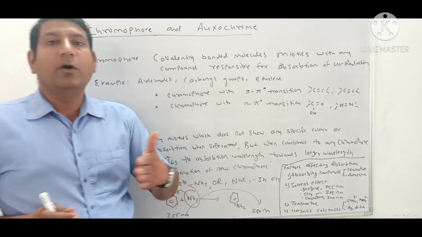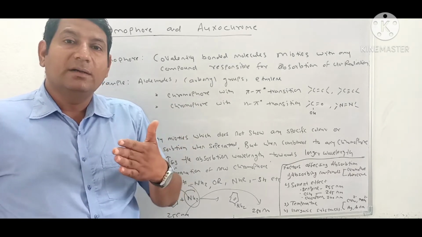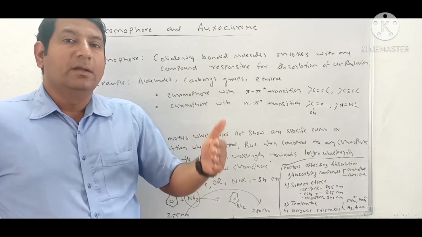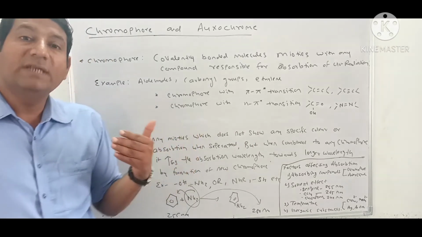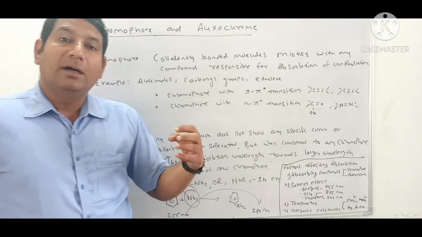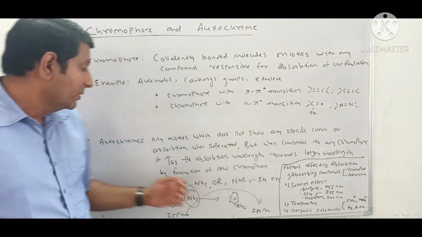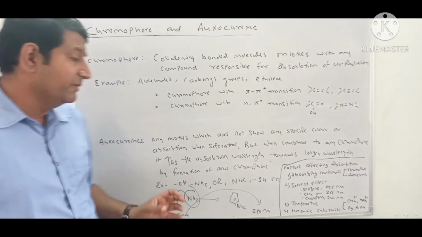In VIBGYOR, visible light can be classified as violet, indigo, blue, green, yellow, orange and red. So those compounds which increase the lambda max shift it towards the red part, that is, higher wavelength. So auxochromes and chromophores are the two concepts which we discuss here.